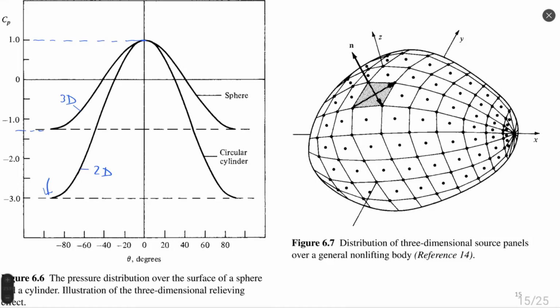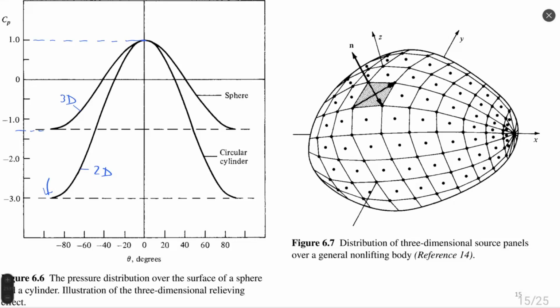Such an equation system can be solved analytically, and we can find strengths of source on each panel with the boundary condition that the normal component of velocity is equal to 0 on each panel, so flow is only tangential. And in such a way we can find the solution.